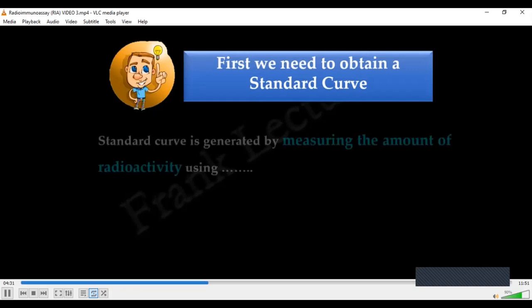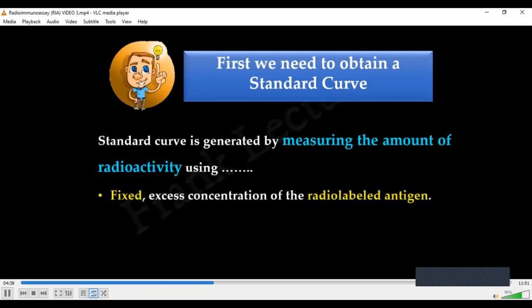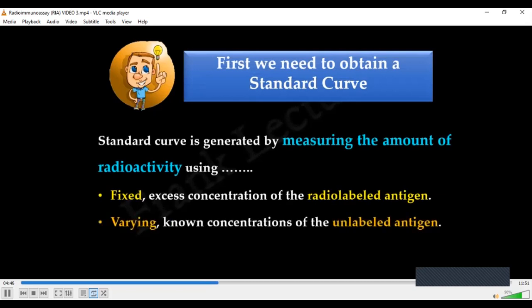This standard curve is obtained by measuring the amount of radioactivity using fixed and excess concentration of radio-labeled antigen and varying known concentrations of the unlabeled antigen. Again, note that both these radio-labeled and unlabeled antigens are same as the antigen we are going to detect and quantitate in the patient's serum.